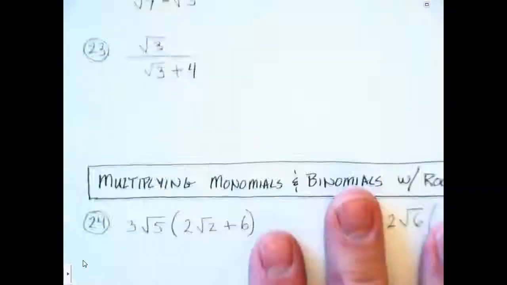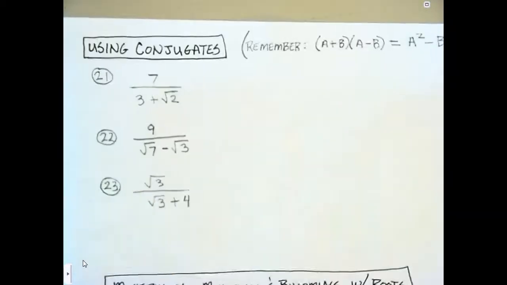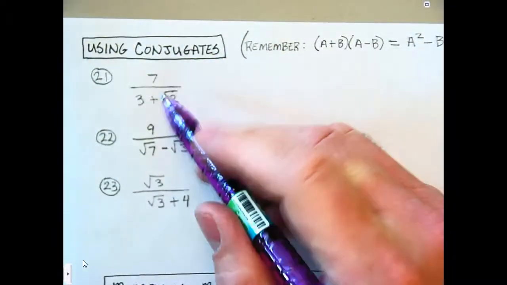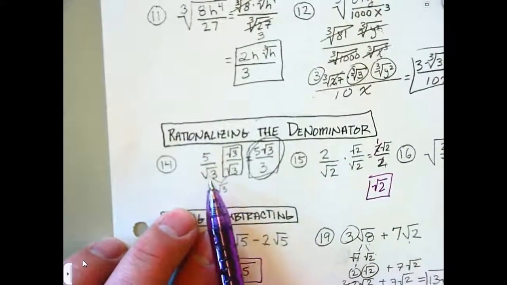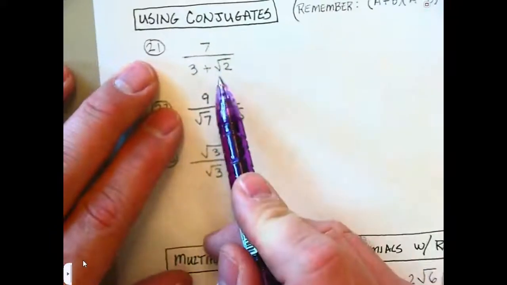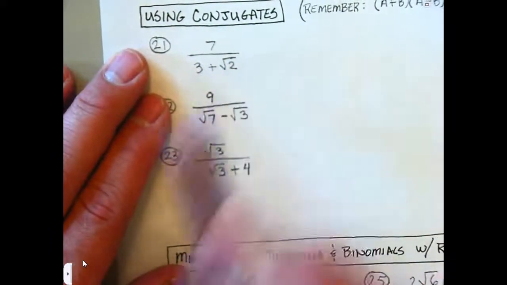All right, turn it over. Conjugates. I don't like the ones where you have to distribute. Hey, you guys, it's taking a little longer, but note the difference between this type of problem, like number 14 where you have a radical in the denominator, and this one where you also have a radical in the denominator, but you have something with it that's being added or subtracted.